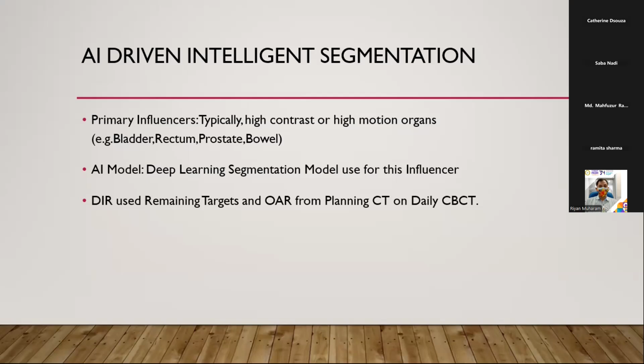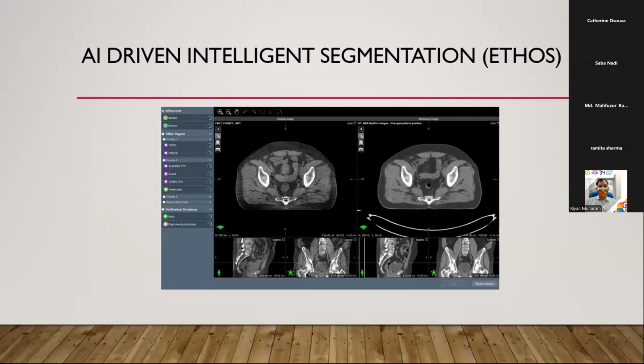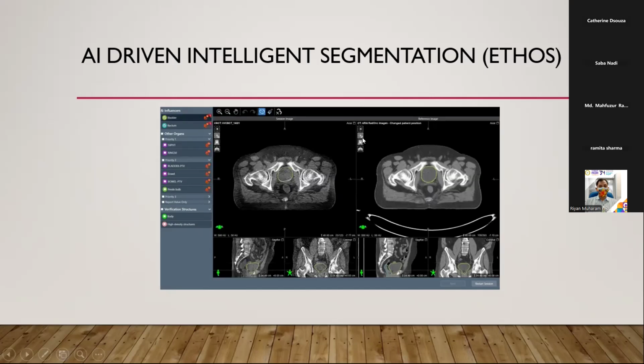Now, when the CBCT is acquired and the registration part is done, if we feel there is a requirement for a change in the contouring, then in this picture, on the right side the reference CT is shown, and here is the acquired CBCT. We do the contour editing.